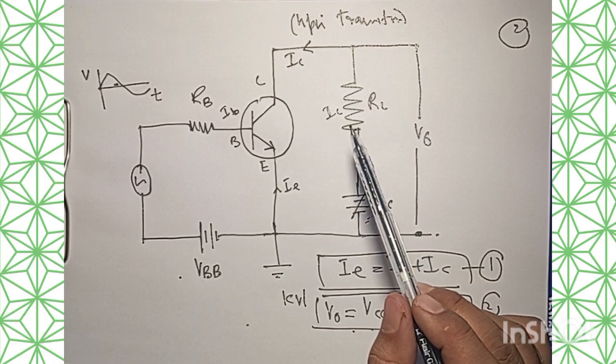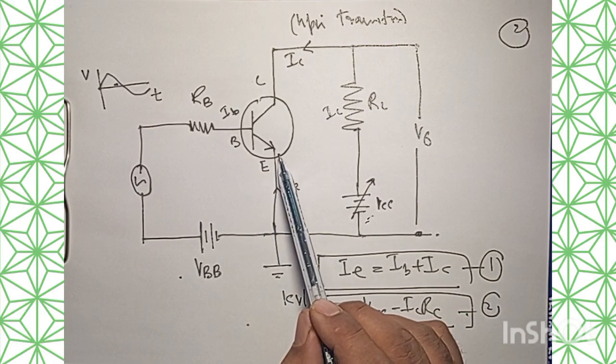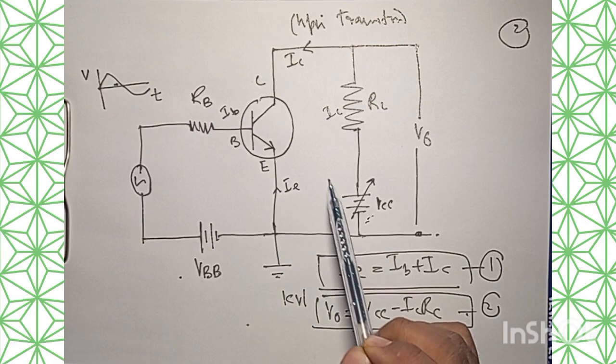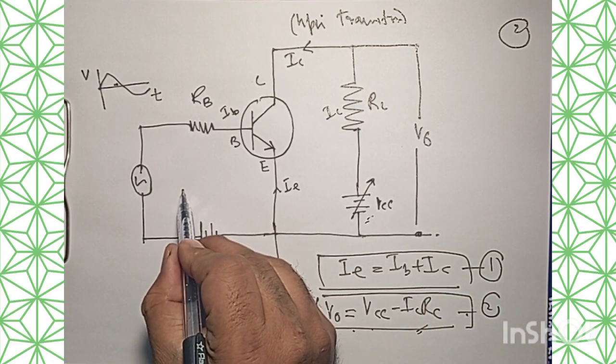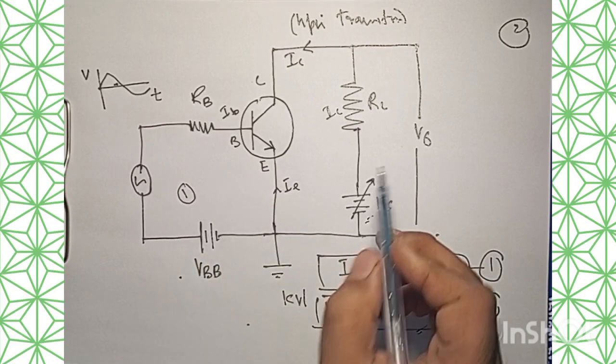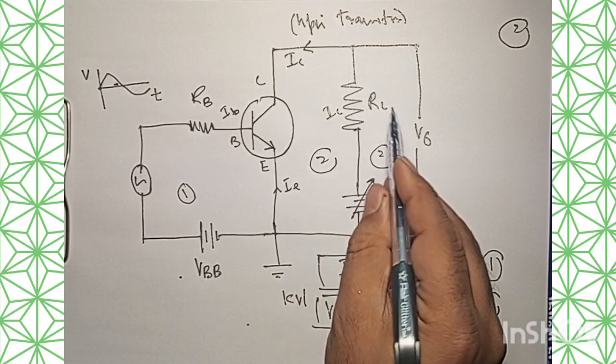We are in common emitter configuration because the emitter of this transistor is common between the input circuit and the output circuit. This is my input circuit and this whole thing is my output circuit.